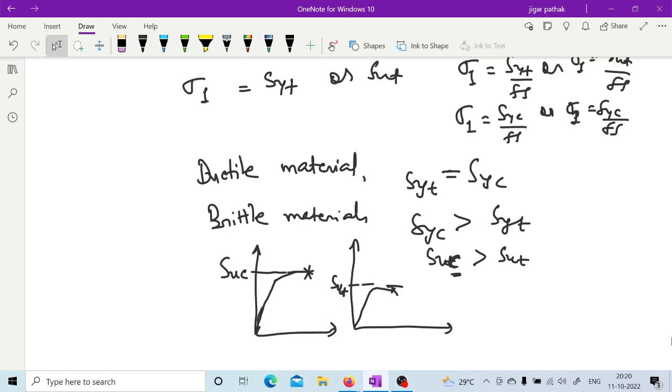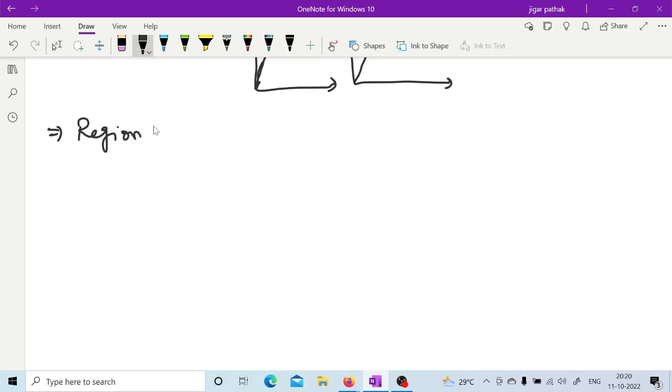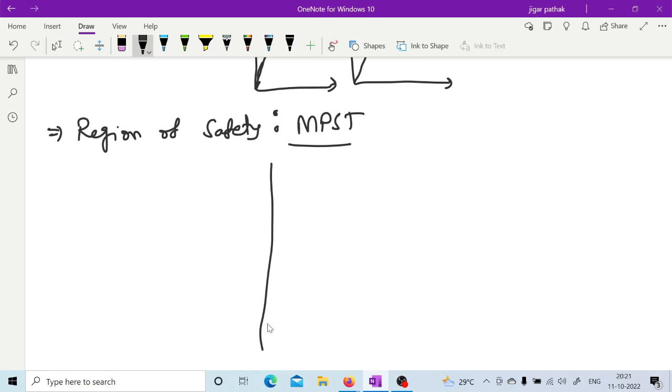Yes sir. Okay, now if we go for the region of safety, that is what is drawn in that figure, the region of safety for the maximum principal stress theory. You have this sigma 1 and sigma 2 plot.